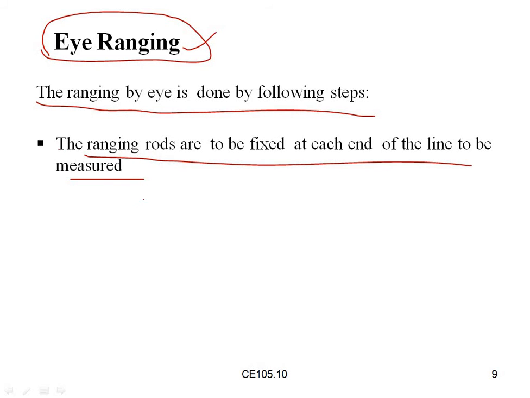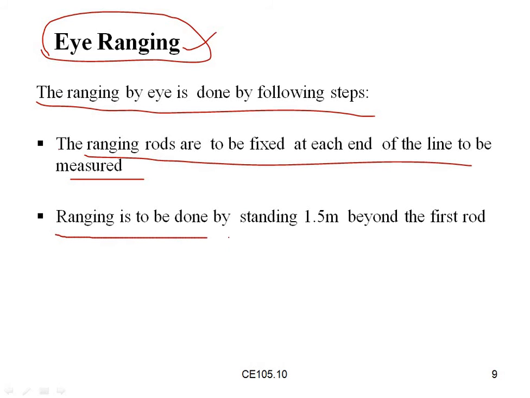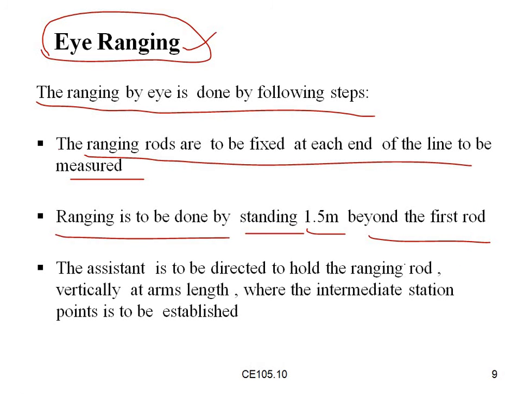Ranging is to be done by standing 1.5 meters behind the first rod. So we should not catch the ranging rod, or be very near. We should be approximately 1.5 meters behind the first rod. That first ranging rod we have to bisect with one eye.